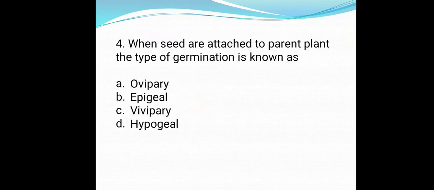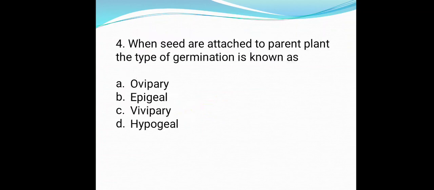If I look at the other phenomena, like epigeal: epigeal is germination of a seed taking place above the ground. Hypogeal means the cotyledons of the germinating seed remain inside the seed shell and below the ground.